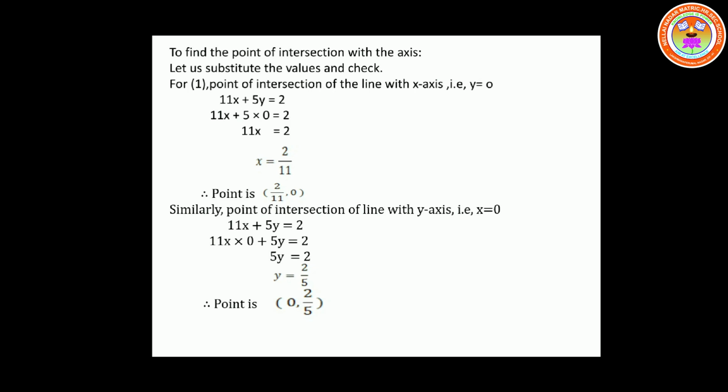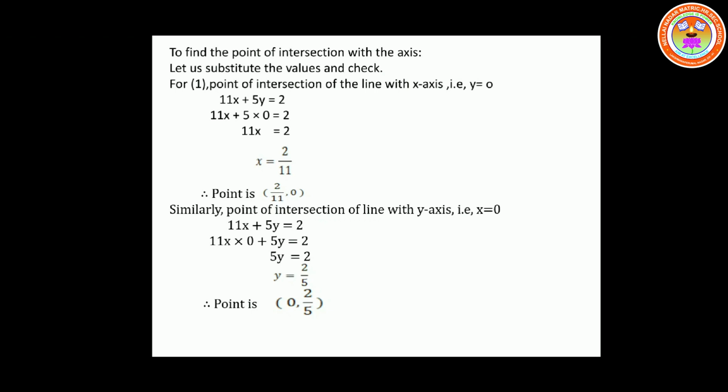That is the first equation. So in the place of y, I am going to put 0. So 11x plus 5 into 0 is equal to 2. 5 into 0 becomes 0. So you have 11x is equal to 2. Therefore x is equal to 2 by 11. So the point is 2 by 11 comma 0. This is the point of intersection of the line with the x-axis.